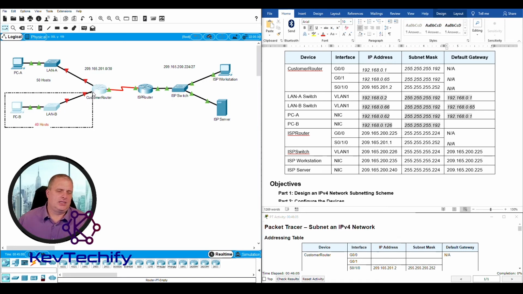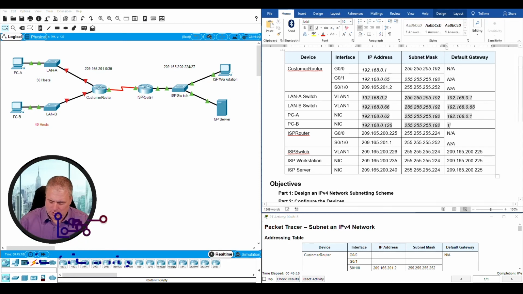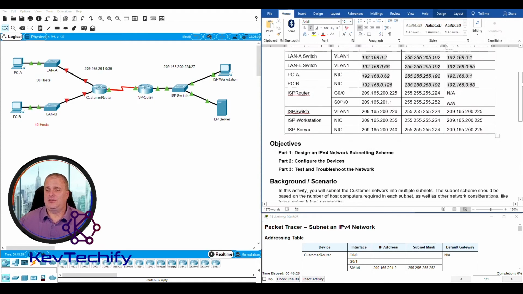That is our gig 0/1 interface. We assign this address to the gig 0/1 interface, 192.168.0.65. That is our default gateway off of the network. We have all the fields filled in.